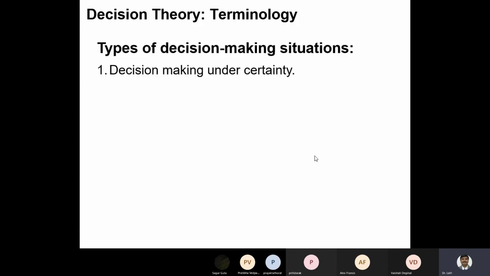Now, the first situation is decision making under certainty. Now, basically states of nature are beyond the control of the decision maker, and the outcome of the decision or consequences of the decisions largely depend on the states of nature or events.